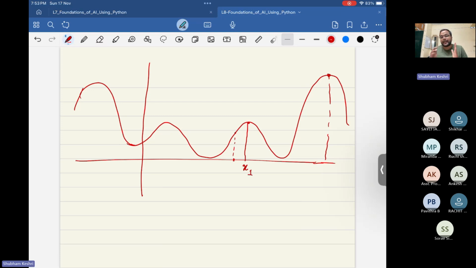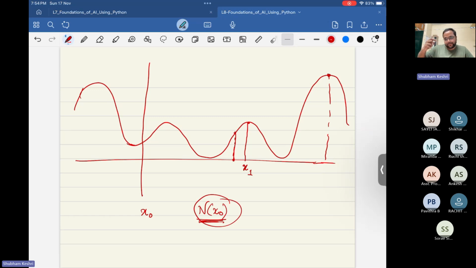But what simulated annealing does is, suppose you are at a point x naught, and you find its neighborhood, N of x naught, all possible neighbors. N of x naught is the set of all neighbors of x naught, and we are calling it the neighborhood. Simulated annealing checks the neighbors one at a time.